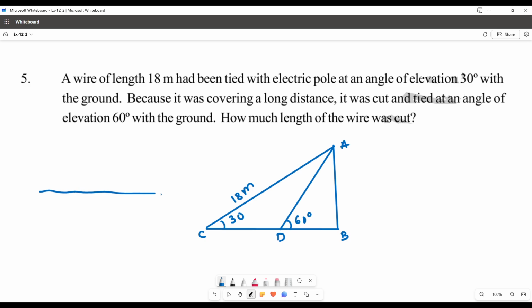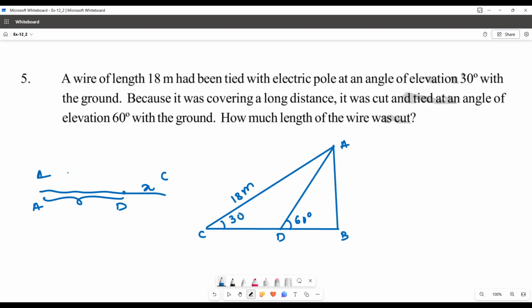So if this is a wire of 18 meters and he used this much part, this is the AD part, and this is the X which he wants us to find. So this is the AD part which he used. The whole is AC, that is 18 meters.